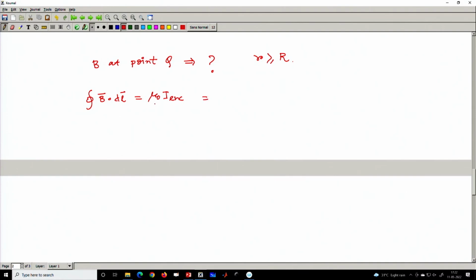So, it should be mu 0 and consider this I current is also there, which should be I plus the displacement current.